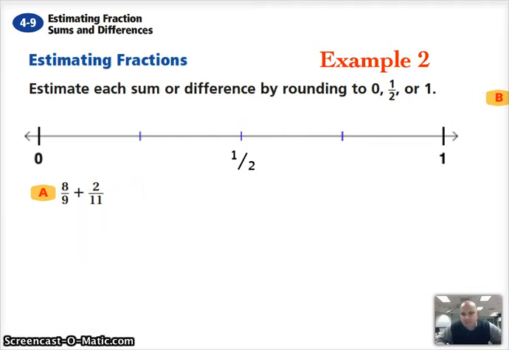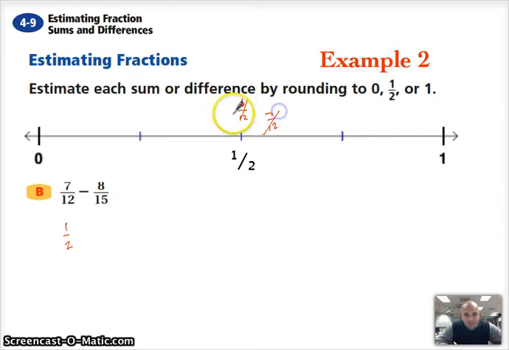Next, we're going to take a look at 7/12 minus 8/15. Well, 7/12 is going to be close to 1/2. Why? Well, because 6/12 is exactly 1/2, so 7/12 is somewhere on the other side over here. So we're going to say that's close to 1/2. Then 8/15 is going to be close to 1/2 too.